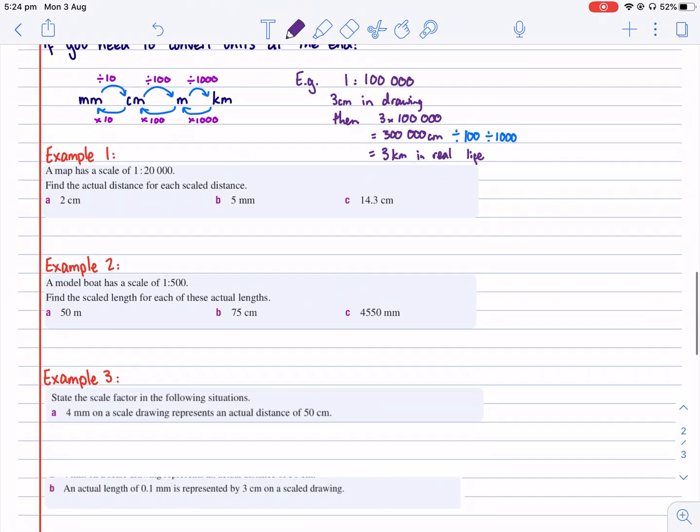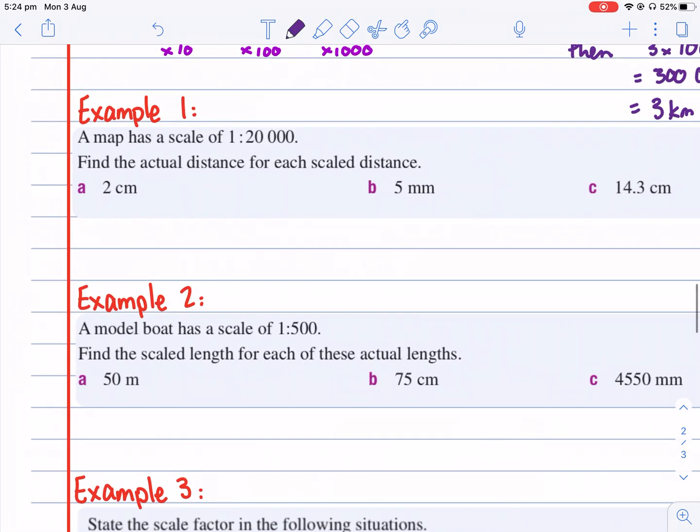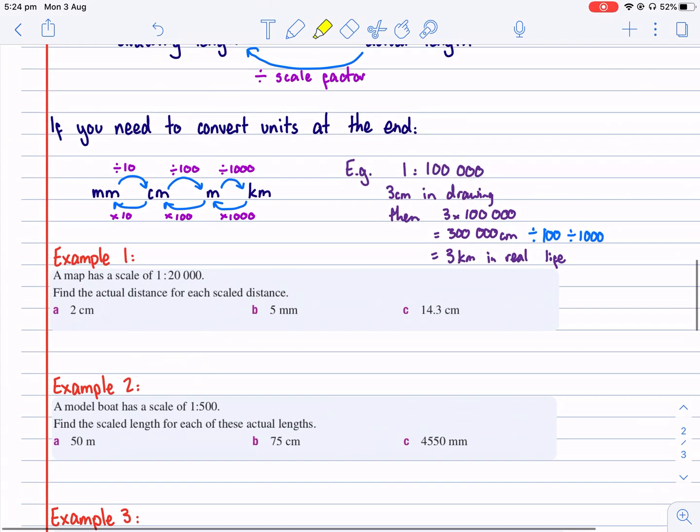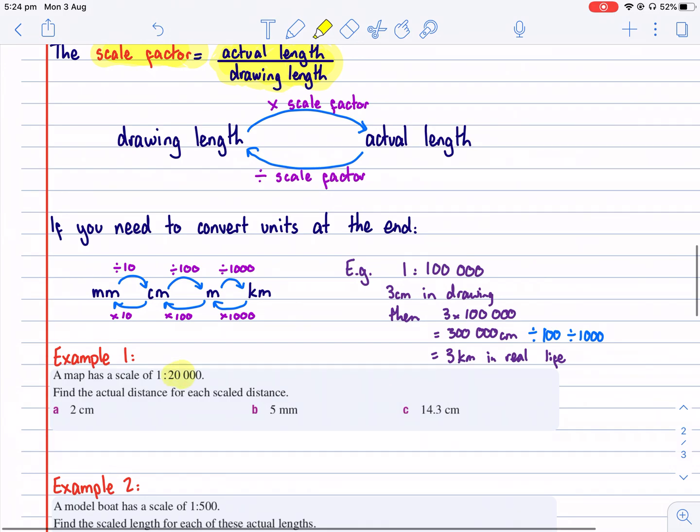So the kind of questions you'll get thrown in the textbook is you'll be given a scale and you'll have to find the distance, and they'll give you like the smaller distance. So when they give you this, it's always drawing to real, yeah? And top tip, the scale factor is literally, if it's 1 to something, the scale factor is that something.